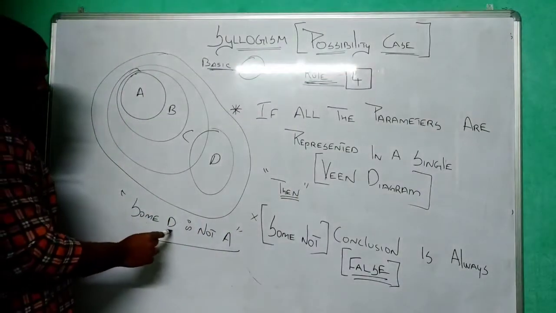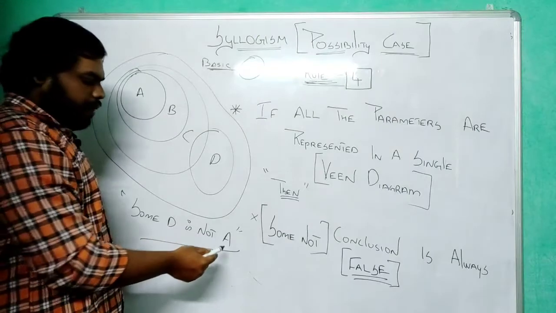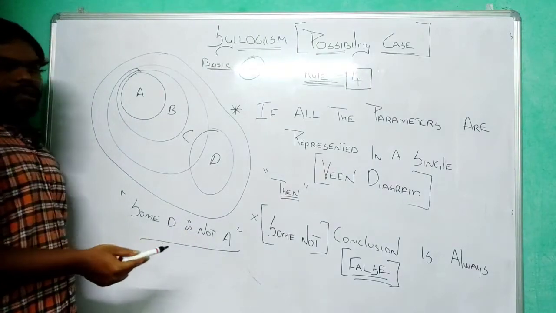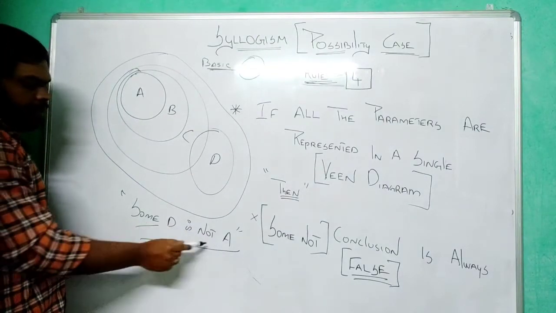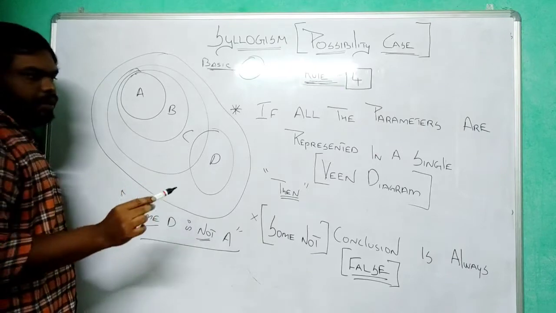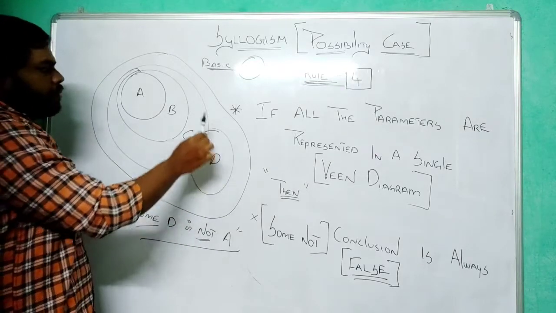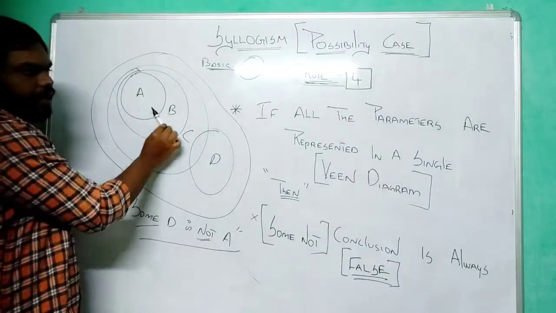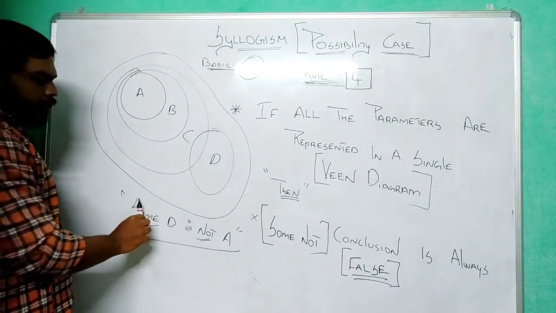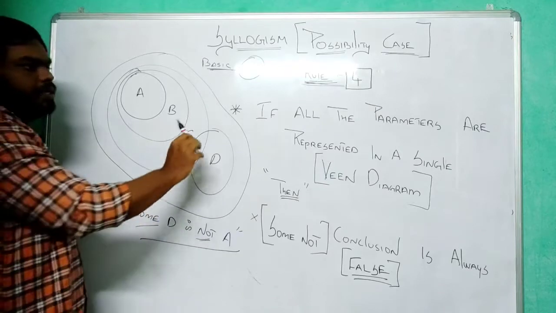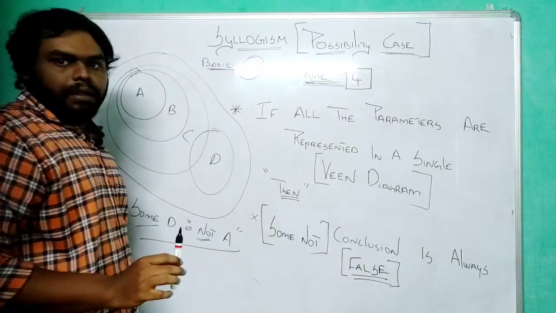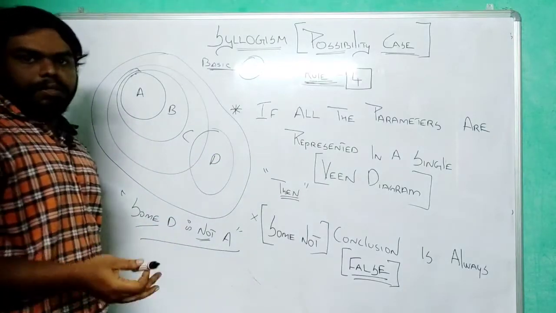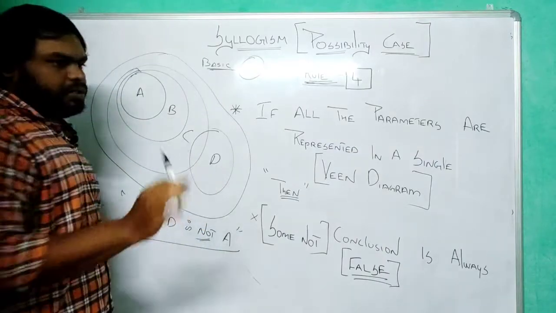If you see some D is not A, or some A is not D, some not conclusion means some not, right? If you see a some not conclusion in the conclusion, and if you see all the parameters are in a single Venn diagram, right, then you can 100% blindly mark that it is false, and you will be rewarded a positive mark. So this is rule number 4.